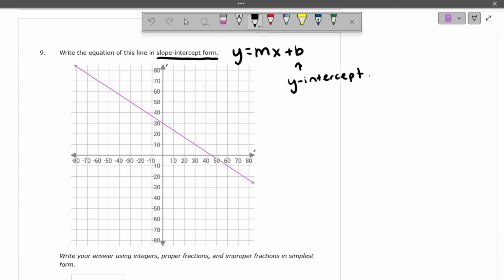And if we look at our graph, it looks like this right here that I'm pointing to is where our line intercepts the y-axis. So this value right here is going to be our b. Our b seems to be 30. So our y-intercept is 30. And now all that's left for us to do is to find the slope.